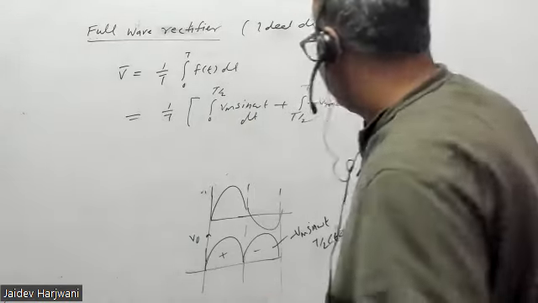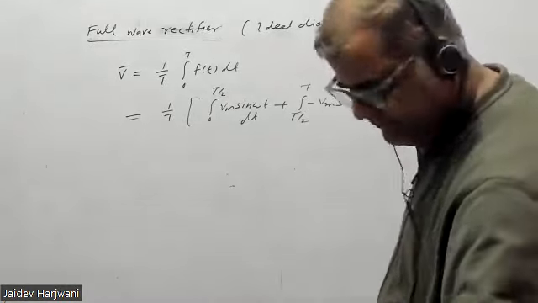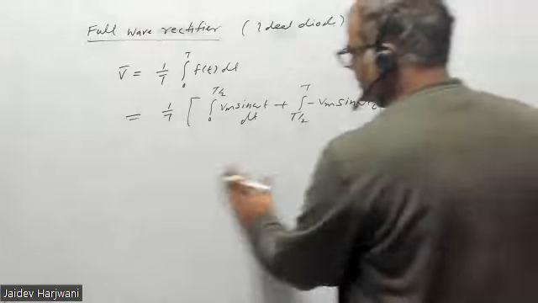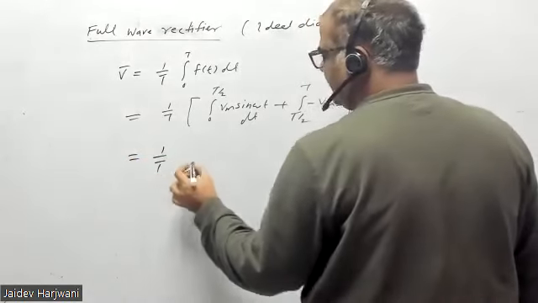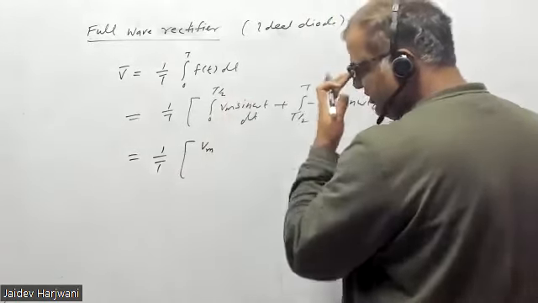Solve this one. So this is 1 by T, Vm. This we already solved. Vm by pi, simple.